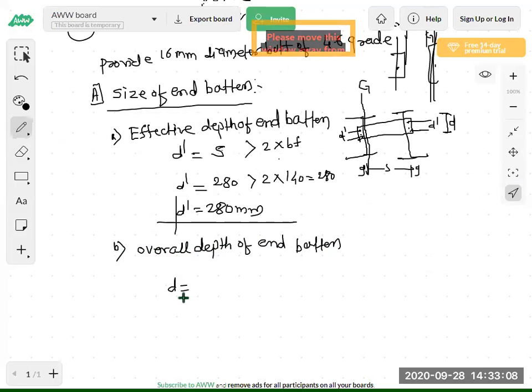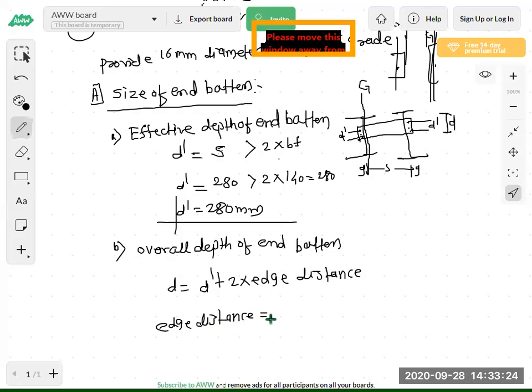So overall depth is small d here. So this is d dash plus 2 into edge distance, correct? So here we have to calculate edge distance. Edge distance, small e, is equal to 1.5 times dh.